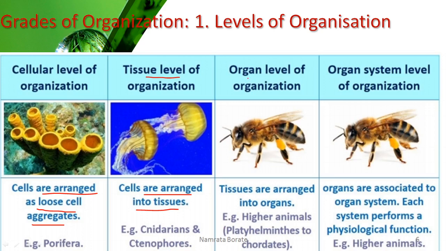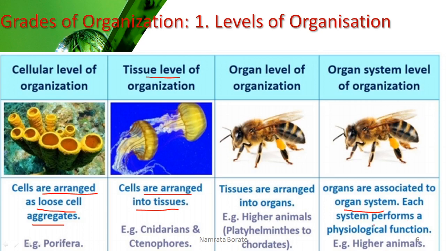The third one, it's a organ level of organization, that is the tissues are arranged into organs. It is observed in case of the higher animals like the platyhelminthes to chordates. The next one is the organ system level of organization, that is organs are associated to each other and there is a formation of an organ system.